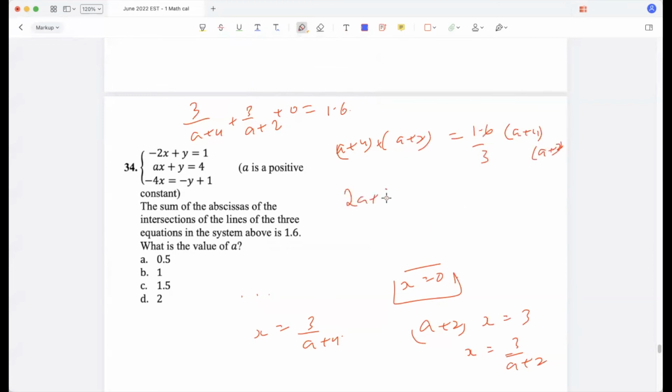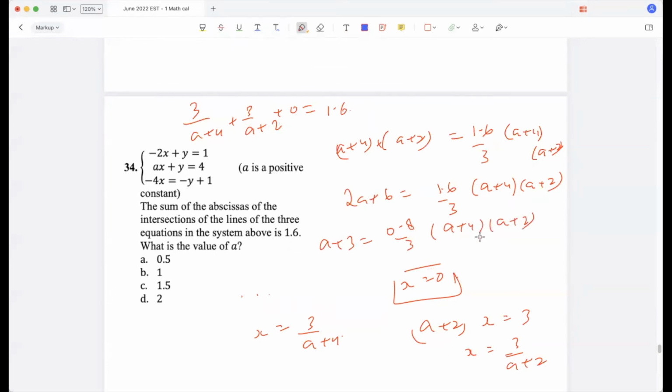So 2a plus 6 is 1.6 by 3, over a plus 4 into a plus 2. So a plus 3 is 0.8 by 3, over a plus 4 into a plus 2.